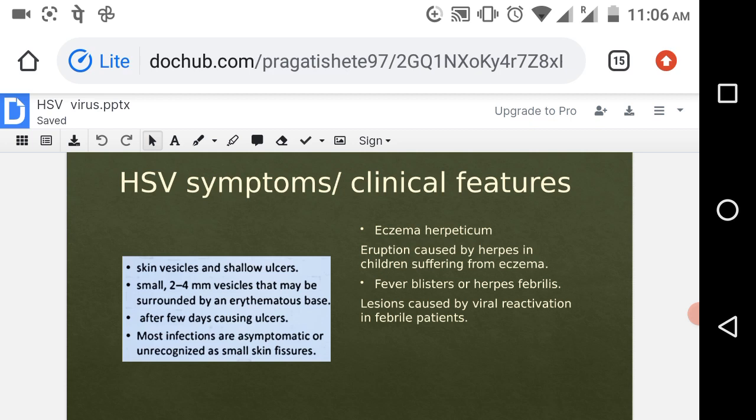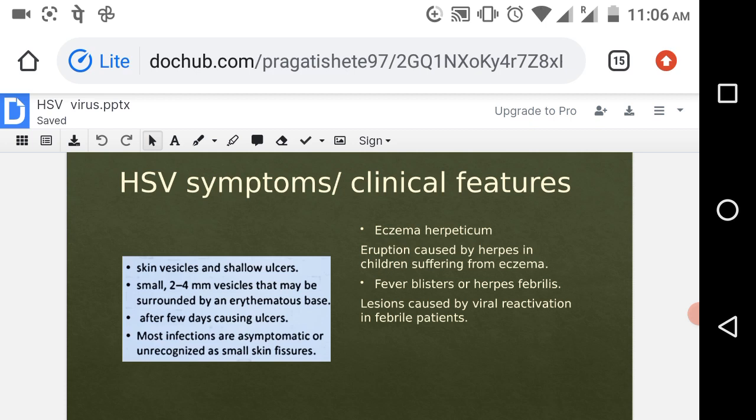Now the lesions of this herpes virus can be present on the buttocks in infants as a napkin rash. We all know the rashes from cloth, the napkin rashes. In a similar way, the lesions can also be present on the skin.